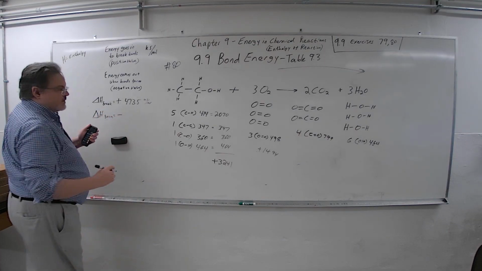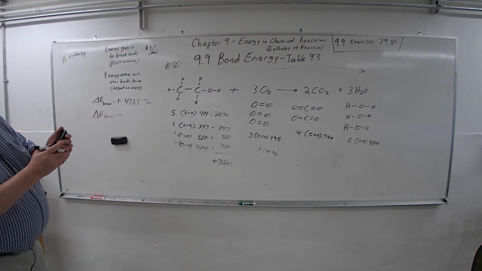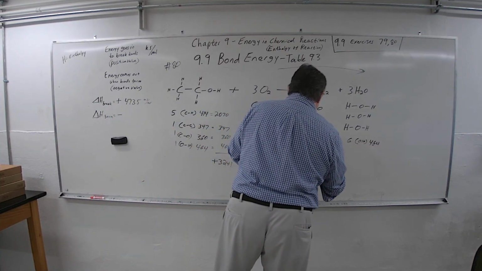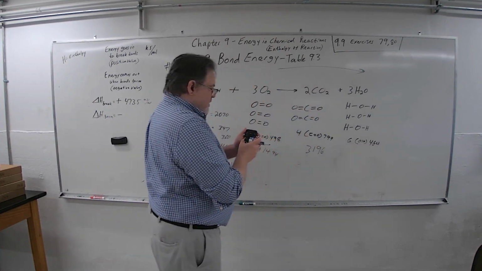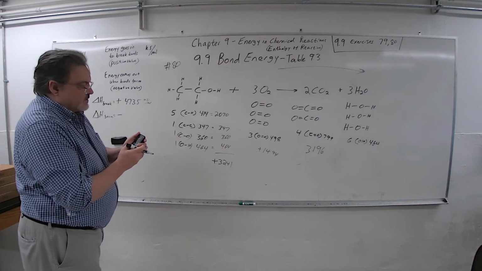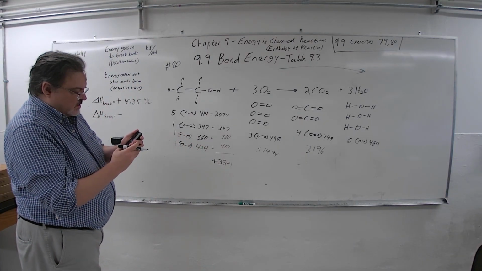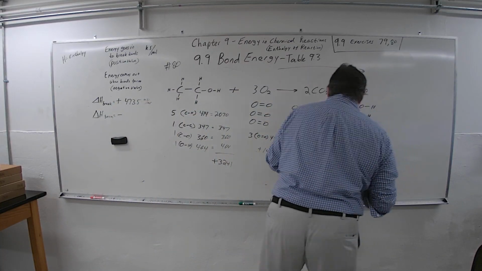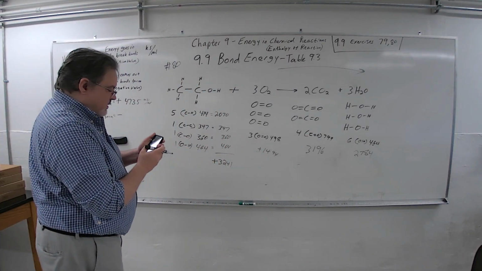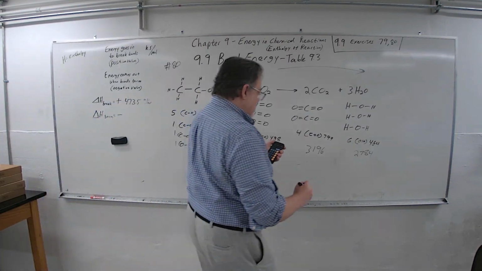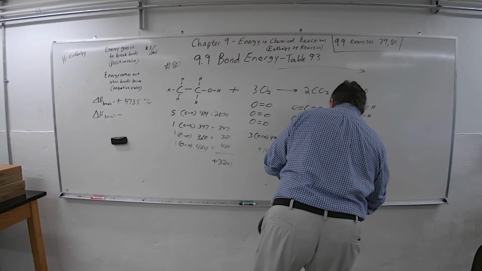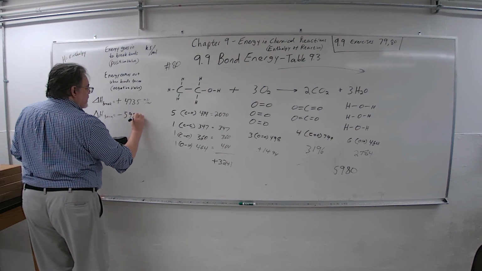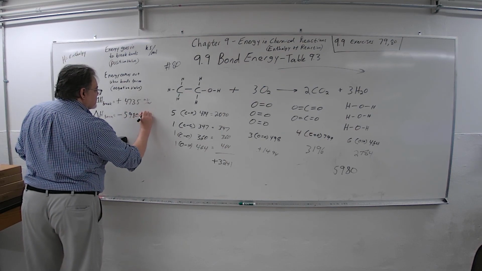Delta H forming. 4 times 799, and then 6 times 464, 2784. Add those together. 5180 kilojoules per mole.